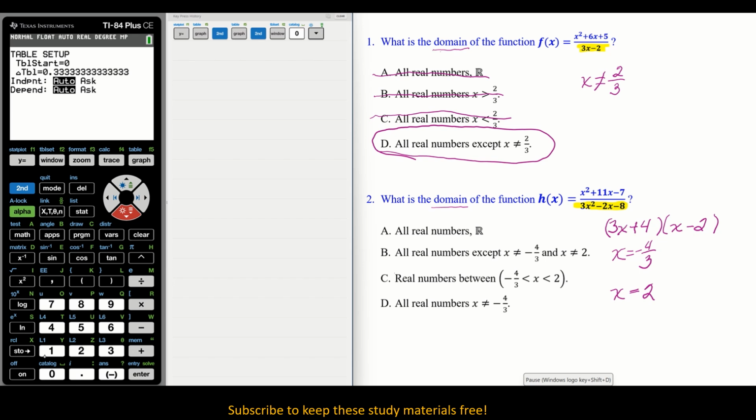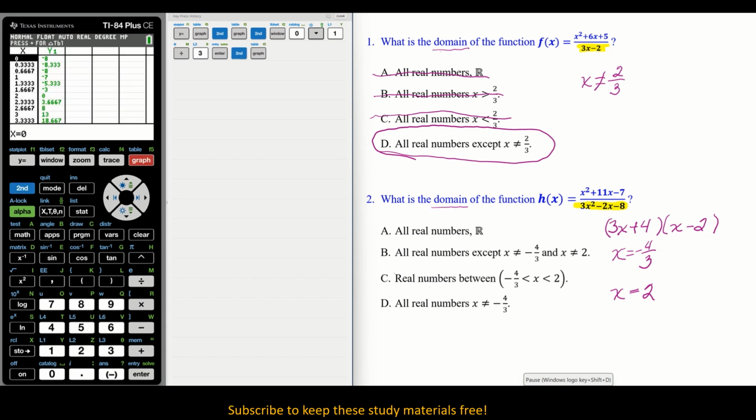Well, actually, what I did is I said 1 divided by 3. Then I push enter, and that's how all of those 3's come up. That's equivalent. So now let's go back to second graph. Now we start at 0. Okay, and as we can see, our 2 is 0, so it does cross at 2, and that is correct.